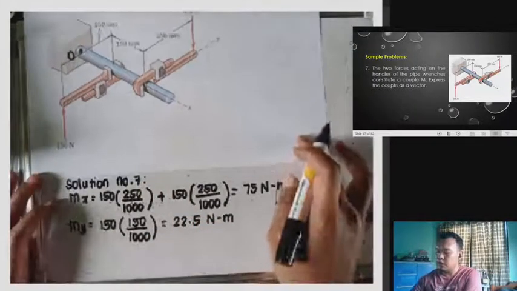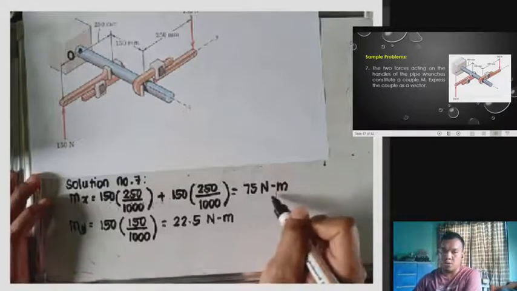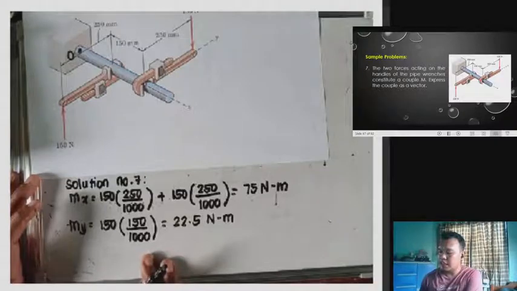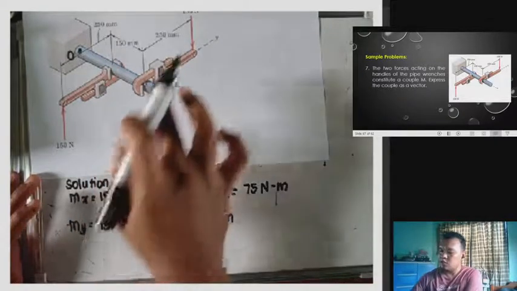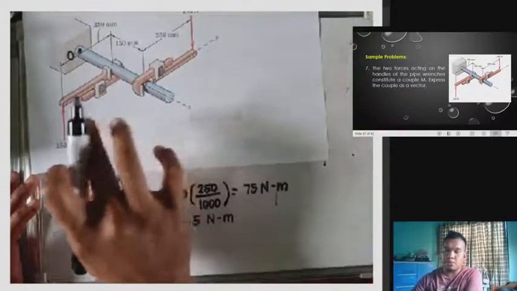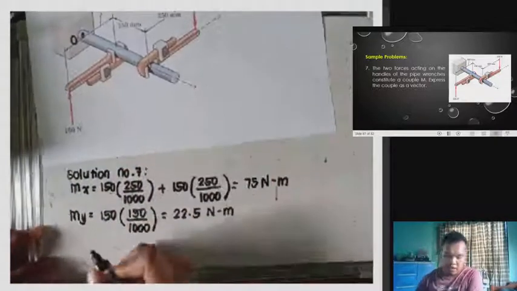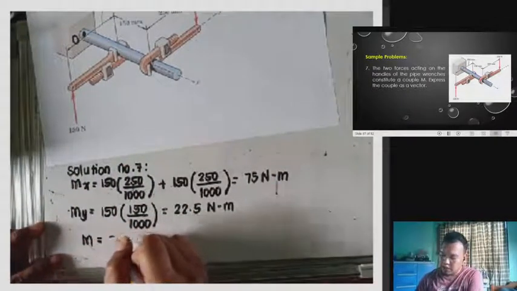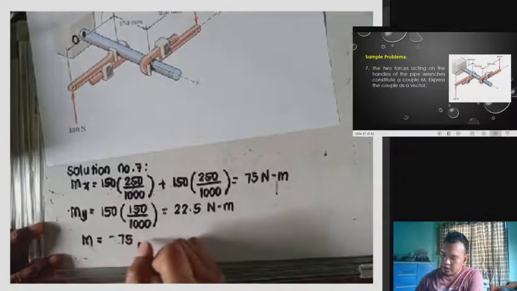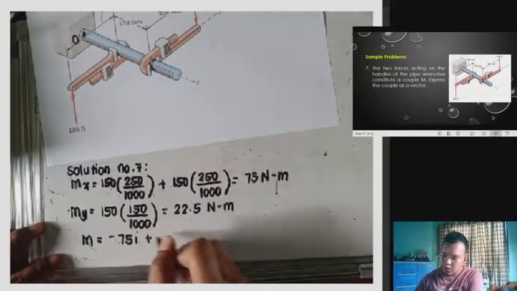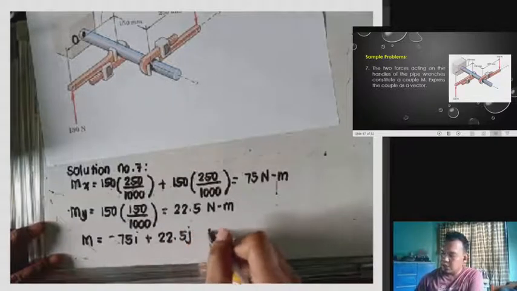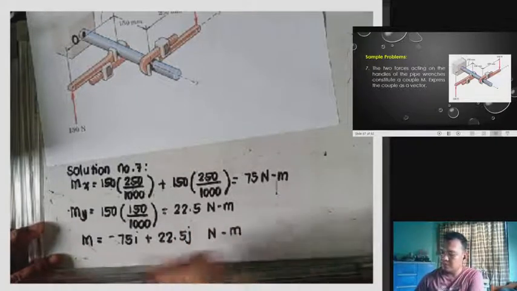So, therefore, magiging negative values po to, no? So, yun. Then ito, kung dito ako nakatingin, clockwise pa rin po itong nandito. So, lalabas, ang value ng M natin dito is M is equivalent kay negative 75 i plus 22.5 j Newton meter.